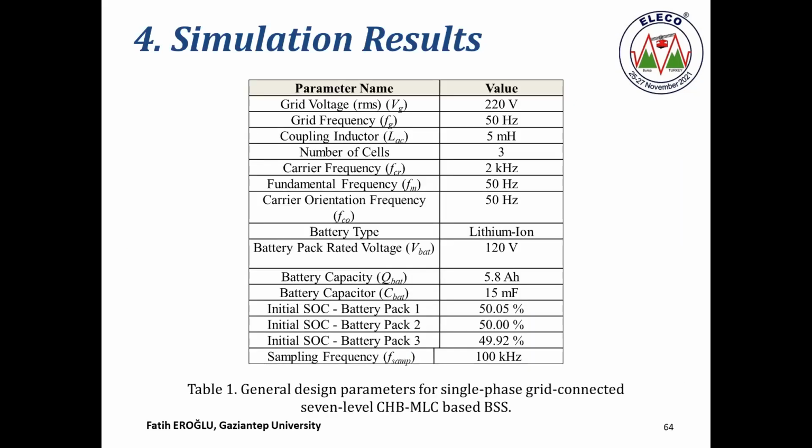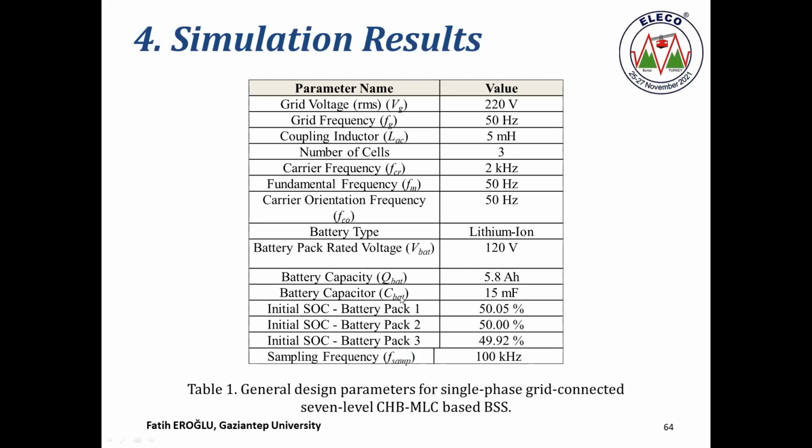These are the general design parameters for our simulations. As you can see, the single phase grid voltage is 220 volts RMS and the grid frequency is 50 Hertz. The carrier frequency that we used is 2 kilohertz. We used lithium-ion batteries with a rated pack voltage of 120 volts and a rated capacity of 5.8 ampere hours.